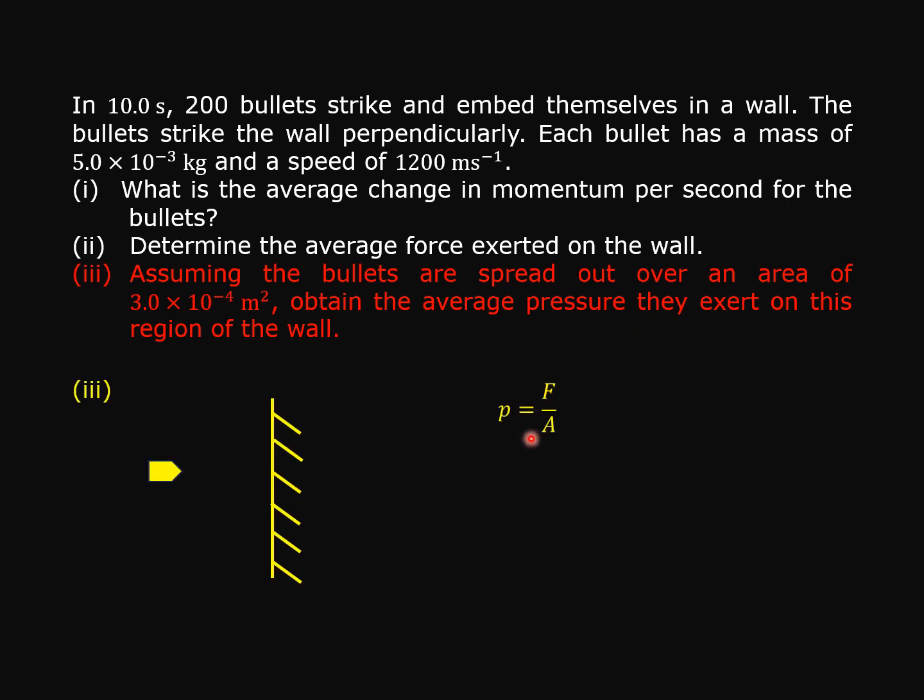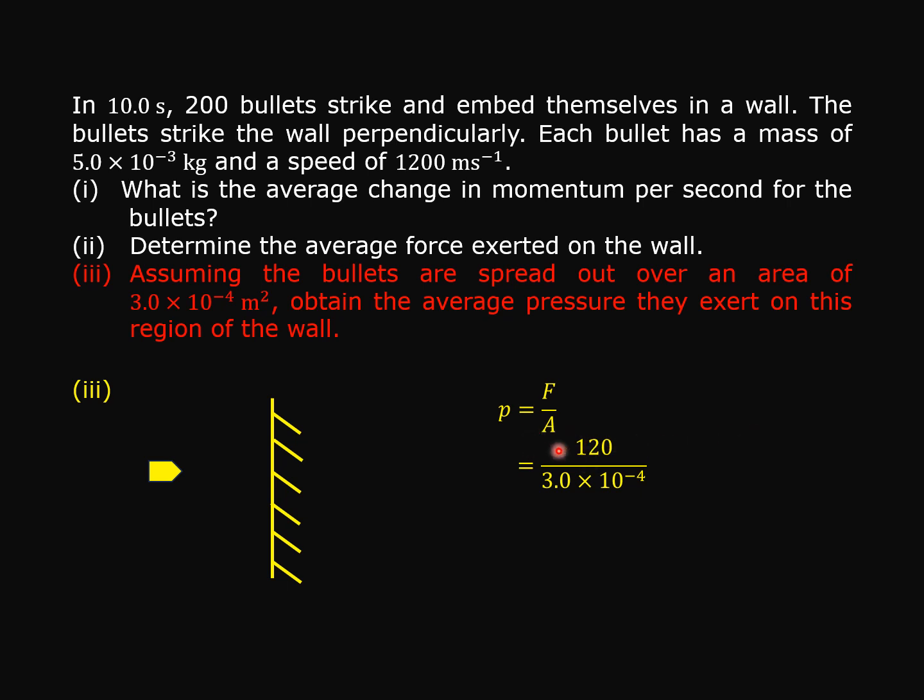Pressure is equal to F over A, where F is the force exerted on the wall by the bullet, and A is the area over which the bullet strikes the wall. From the answer of part 2, we already know that the force acting on the wall by the bullet is 120 Newton, and it points to the right.